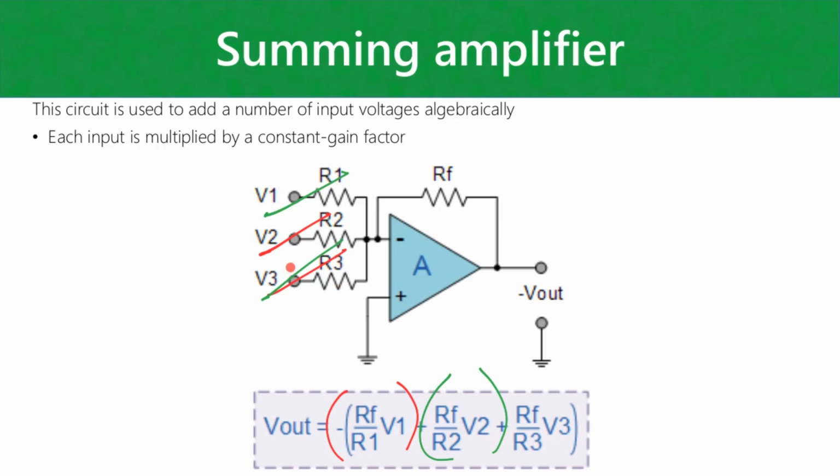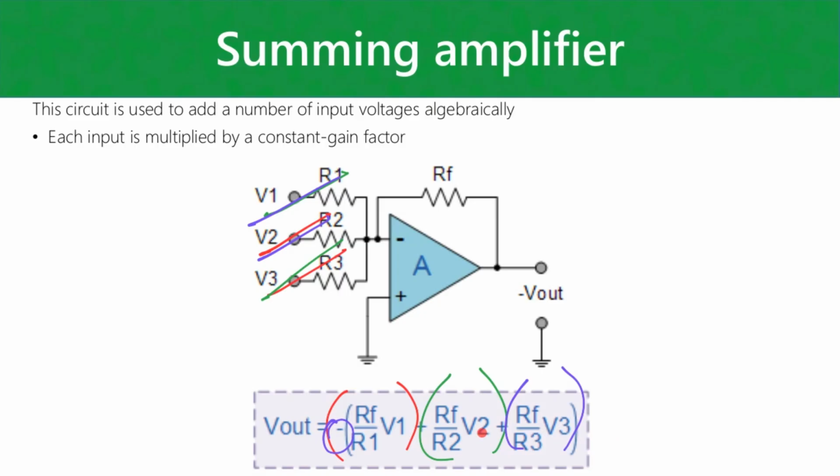And a similar thing for R3 as well: take V2 and V1 out, and then you have V3. And remember, it is an inverting amplifier, so each one's contribution is then just subtracted from one another. All right.